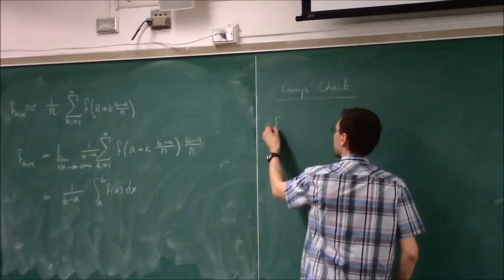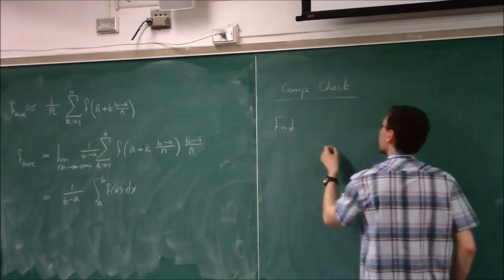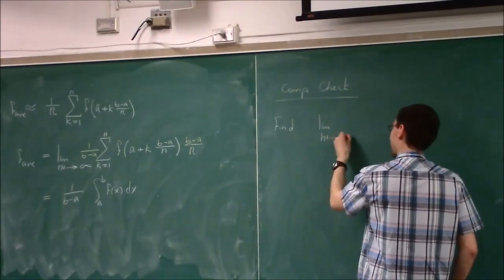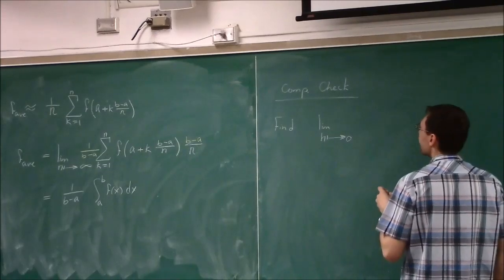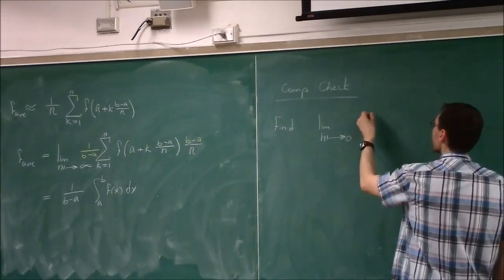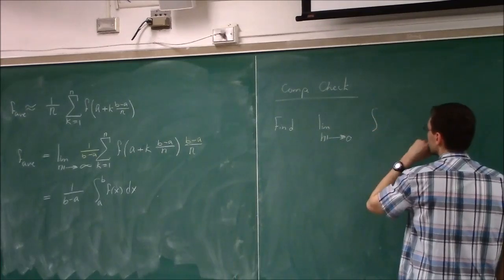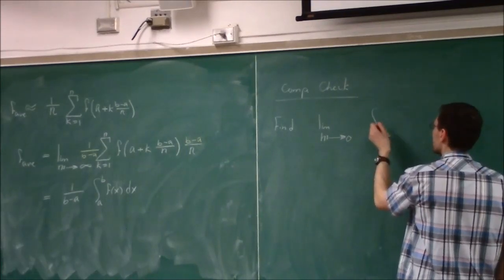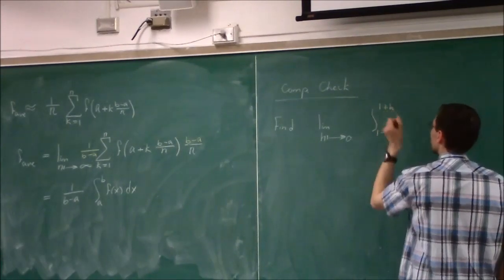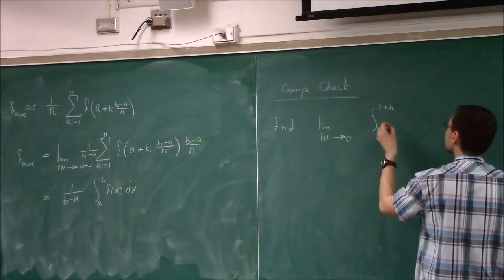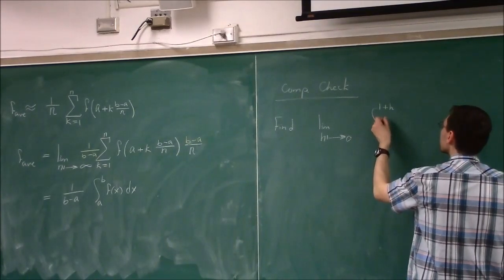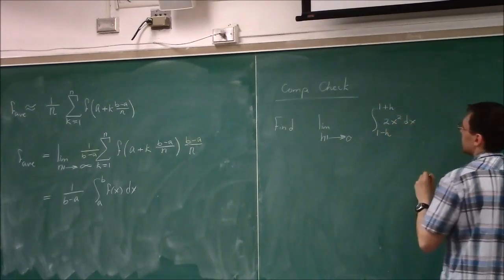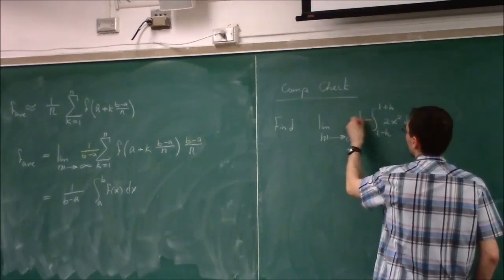So find the limit as h goes to 0 of the integral from 1 minus h to 1 plus h of 2x squared dx times 1 over 2h.